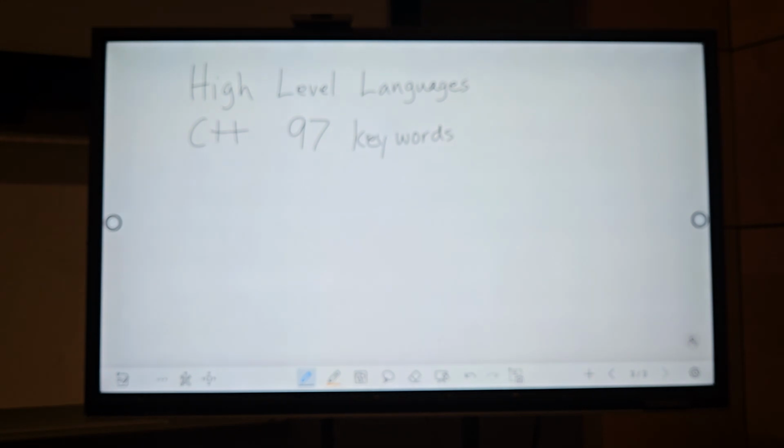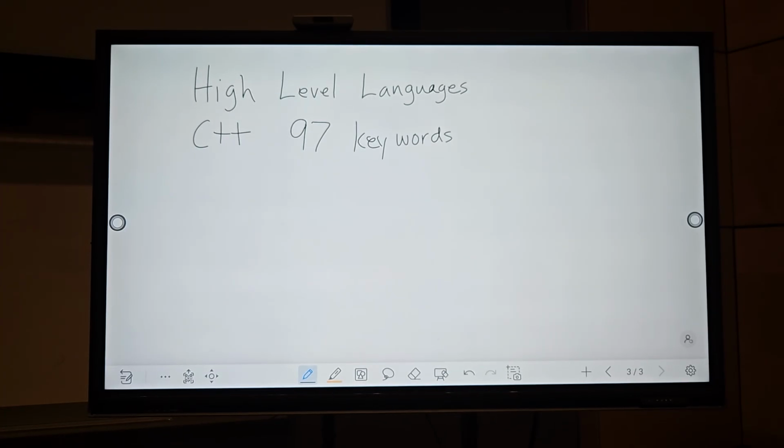That's your vocabulary for the entire language. Now, to be fair, C++ also uses symbols and various punctuation marks to take the place of some keywords that are in other languages.